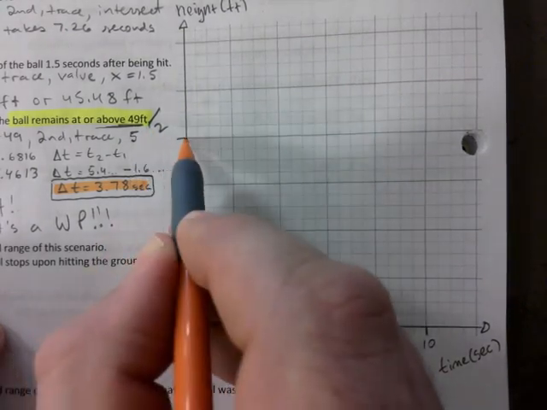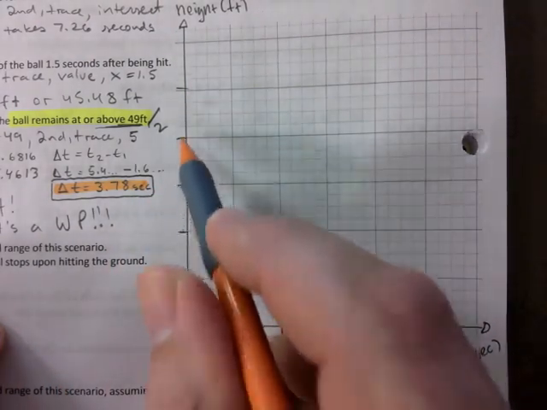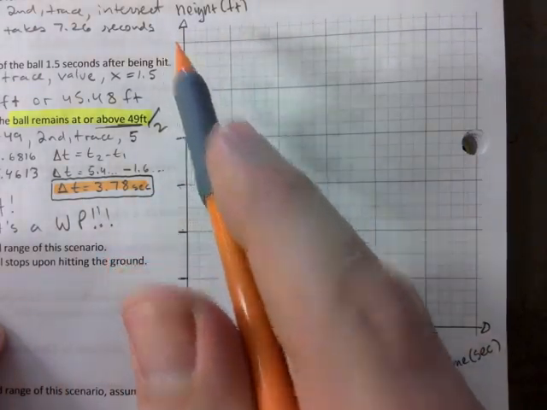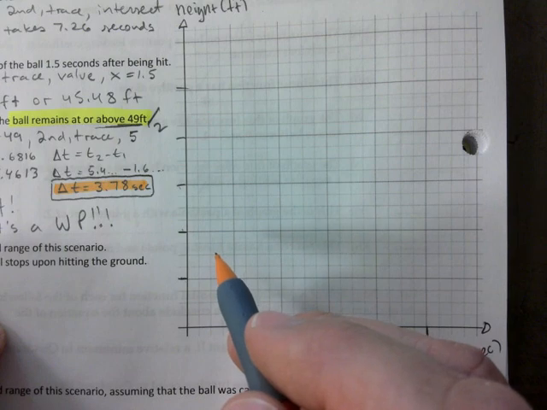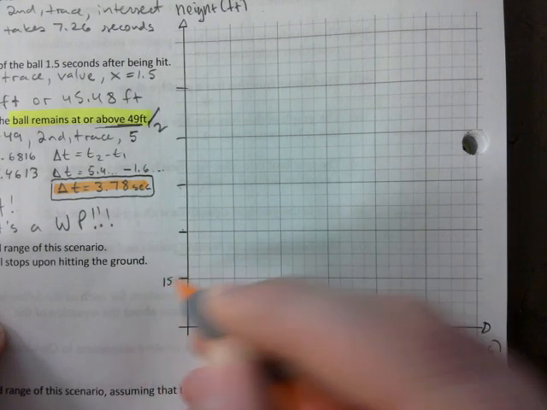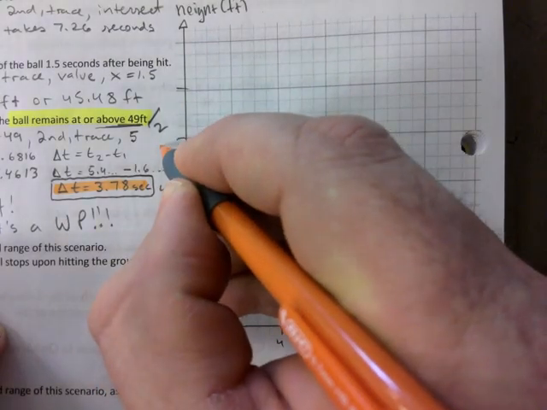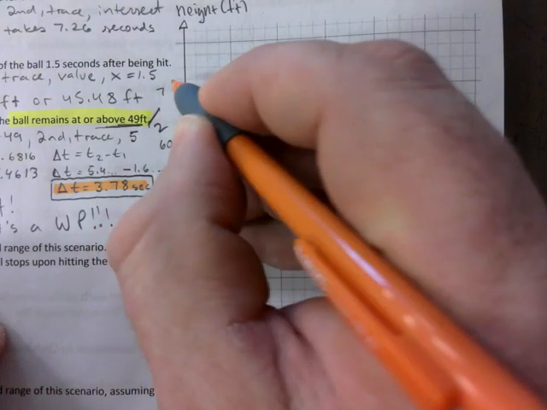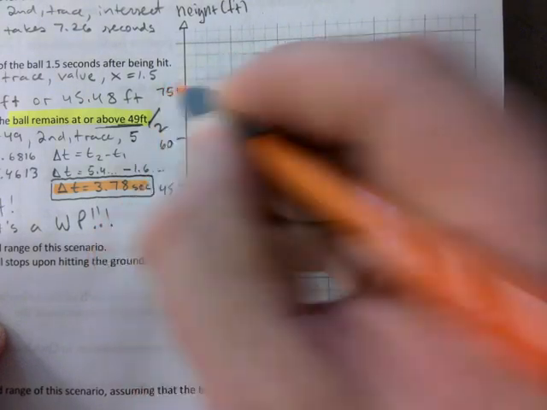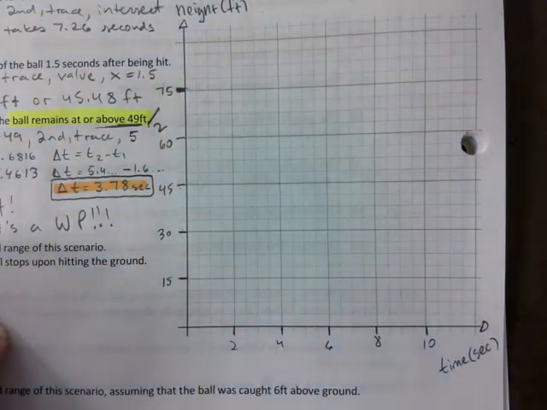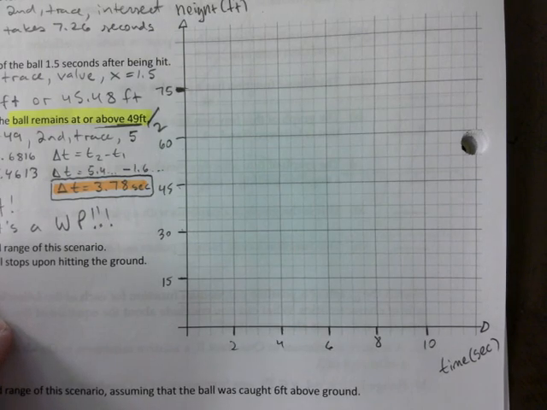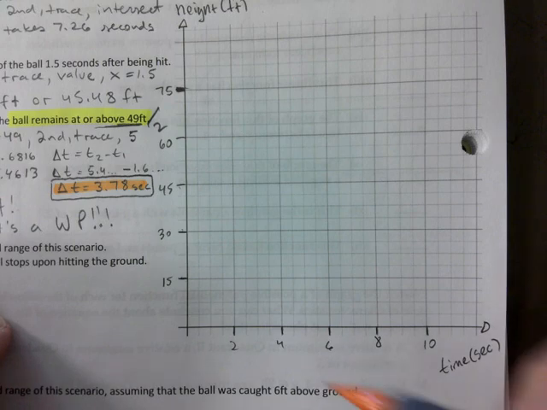Is this going to work if I go up by tens? 10, 20, 30, 40, 50, 60. I'm going to go up by 15s. 60, 75. So make sure you mark where the labels go, okay? Probably not ideal to go up by 15, but that's all right.